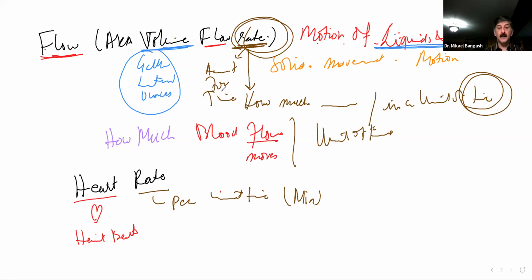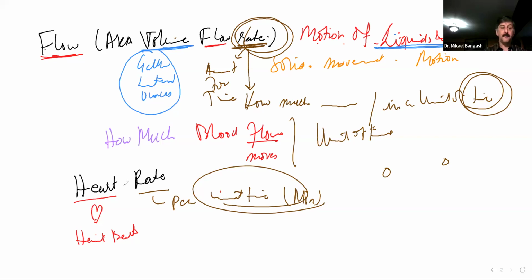But if it doesn't account for time, it may be how much of this or that. When we say heart rate, rate is accounted for time. That will be how many beats does the heart make in a minute.